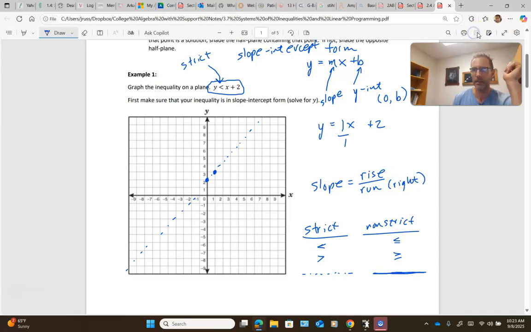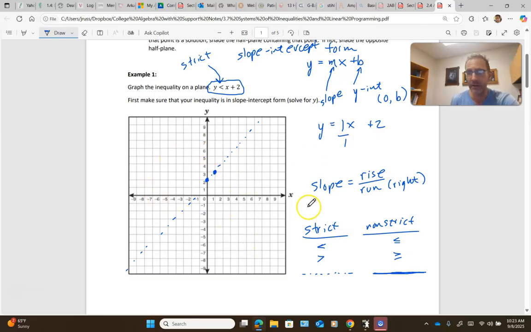Now I need to figure out where to shade, and then we'll talk about the difference between these two. Remember, what we're doing here is graphing all the solutions to this. So the region that contains all the solutions is either going to be above this line or below this line. Mathematically, the way to approach this is you just choose a point.